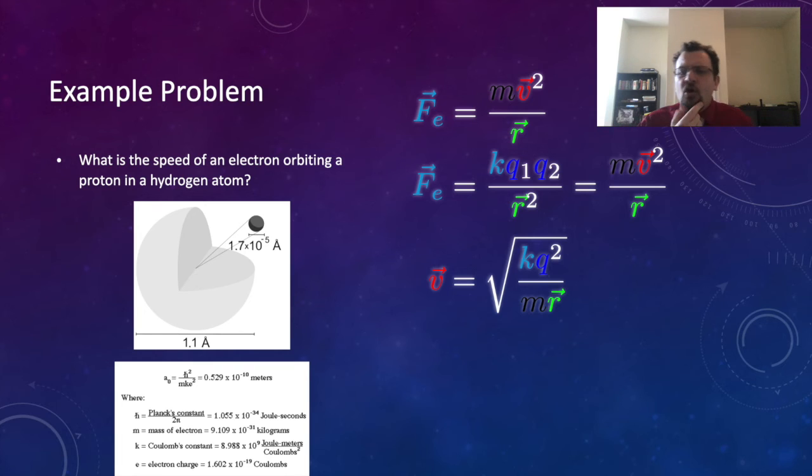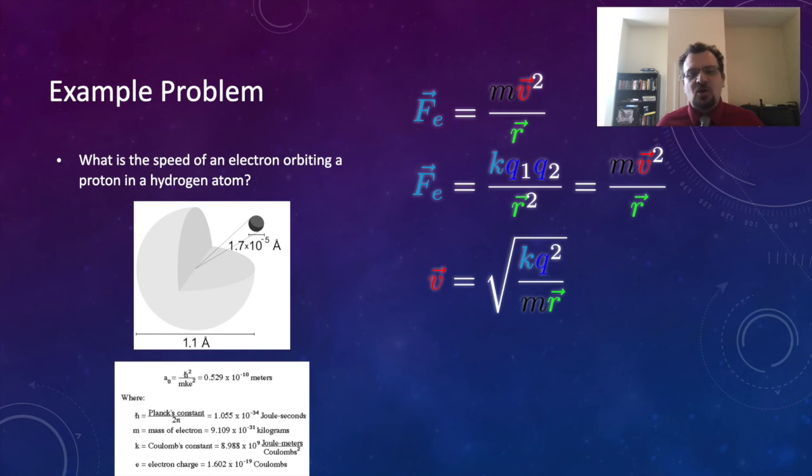Why did I do that? Well, we know that the charge of the electron just happens to be opposite to the charge of the proton. Therefore, we know that it's going to be attracting, so we can ignore that sign. So the magnitude, we're just ignoring the signs here, is going to be equal to that charge times its charge again. That's why I've got that as a q squared. Divide that by the mass of the electron times the radius that it's orbiting at.